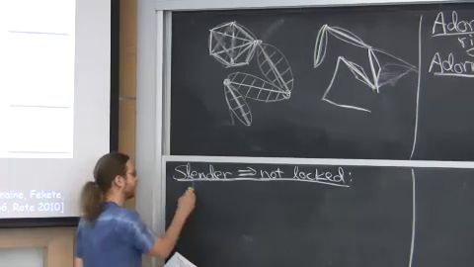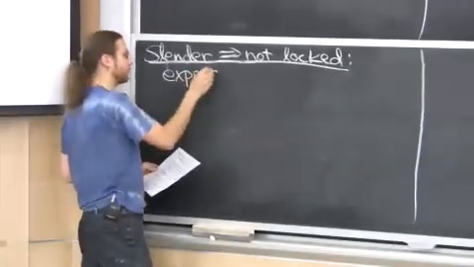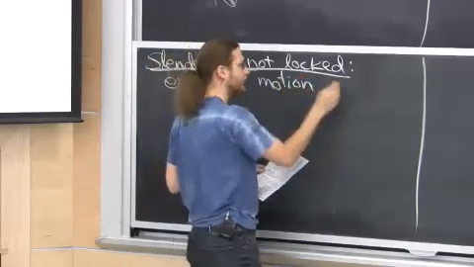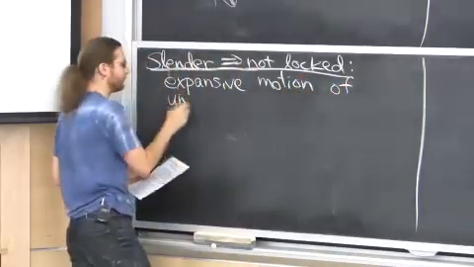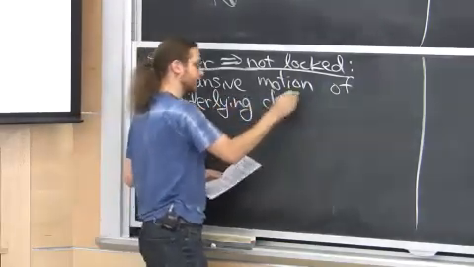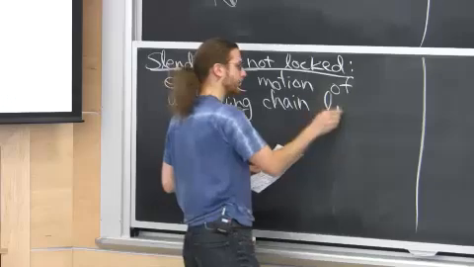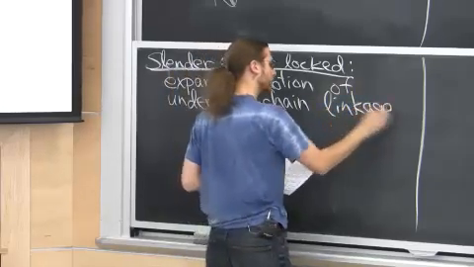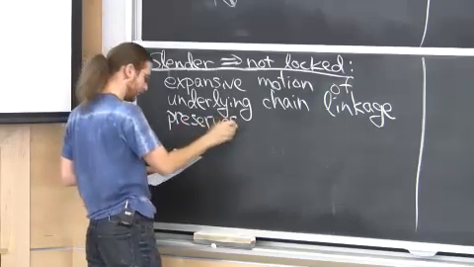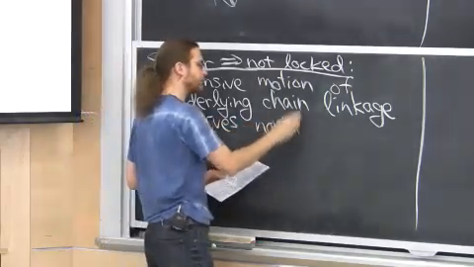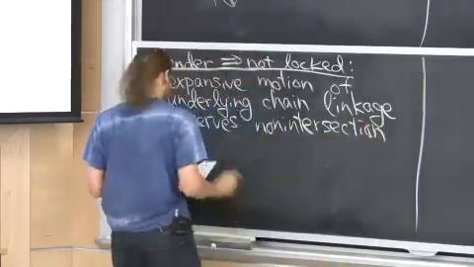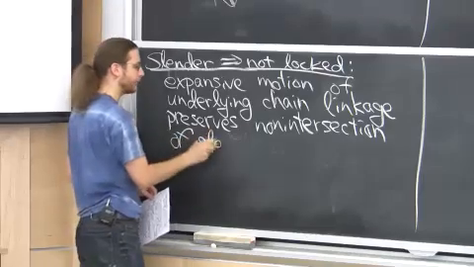And it turns out, as long as you have an expansive motion of what I call the underlying chain, then that motion will not cause any of the pieces to intersect. Assuming they don't initially, then that non-intersection will be preserved, provided your adornments are slender.